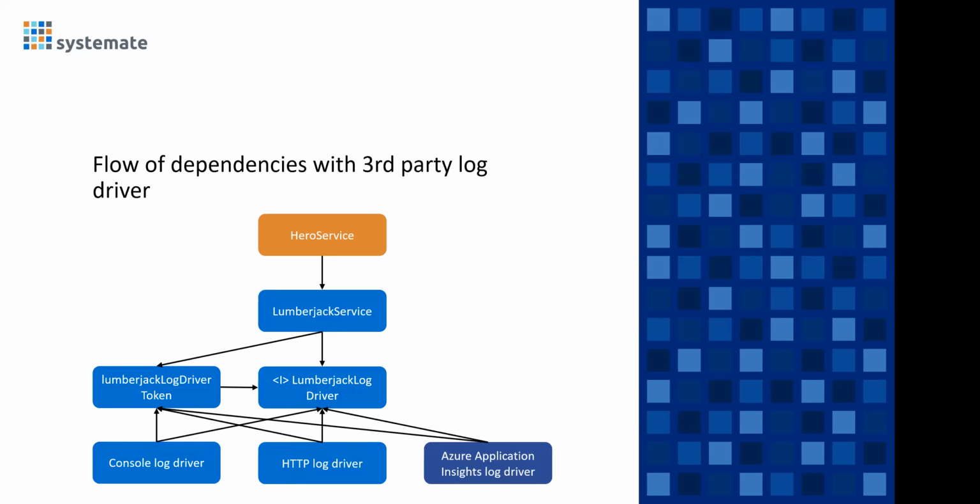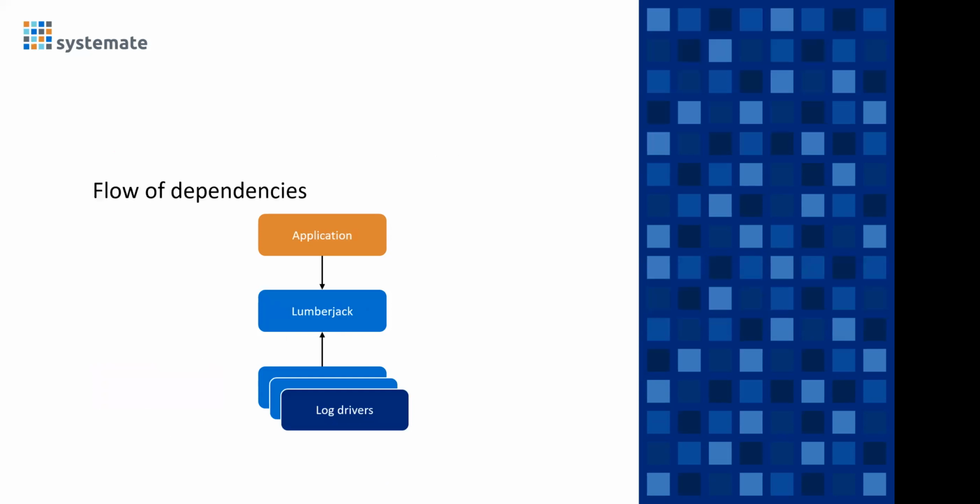The flow of dependencies also still is in the way that the dependency arrows are always pointing towards Lumberjack. So Lumberjack sits conveniently in the middle of everything in full control. The log drivers depend on whatever interface Lumberjack tells them to implement and respect. And the application is also at the will and mercy of Lumberjack.